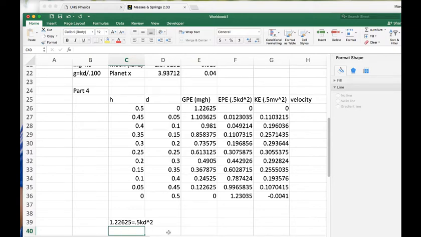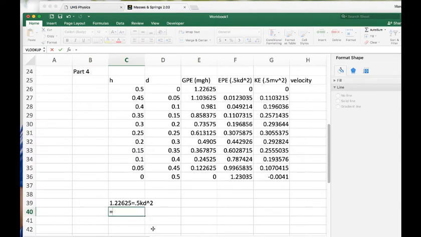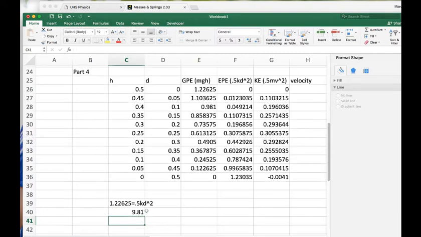K would equal 1.22625 times 2 to get rid of the 1/2, and then divide by D squared, and the D we dropped is 0.5, so 0.5 squared. So the K value is actually 9.81 to make this work out perfectly.